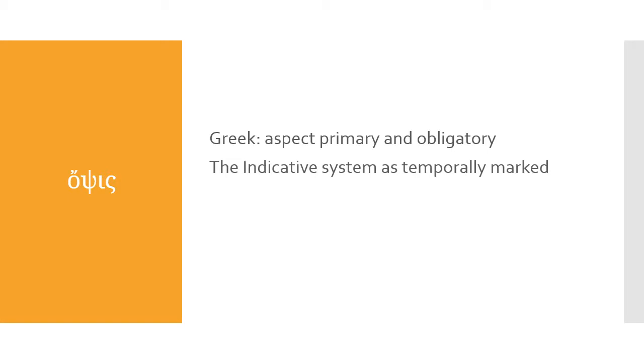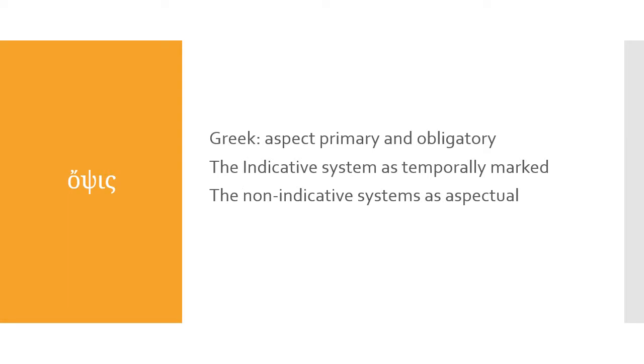The indicative system in Greek is temporally marked, at least from Homer onwards, or after Homer. And it's marked, generally speaking, by the augment, by the epsilon or a lengthening that happens at the start of the verb. That tells you that a verb is marked for the past. But outside the indicative system, there are no temporal markings.